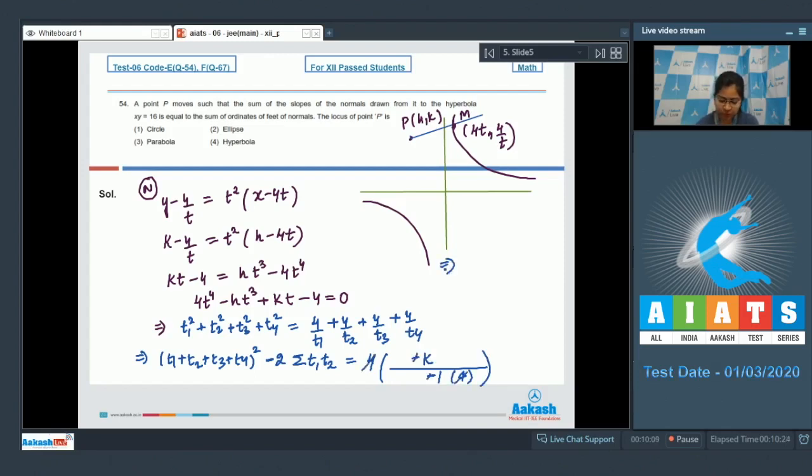So this is further equal to (h/4)² − 2 times the sum taking 2 at a time, that is 0, is equal to k, that is h² = 16k, that is x² = 16y is the required locus, that is a parabola. So option number 3 is the correct answer.